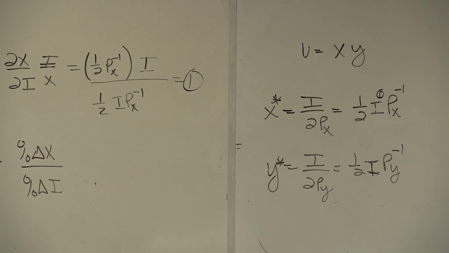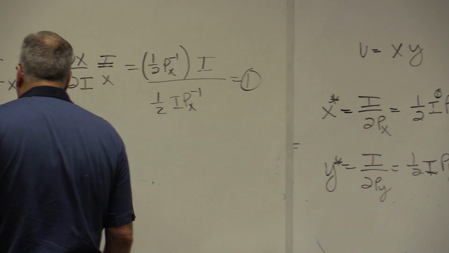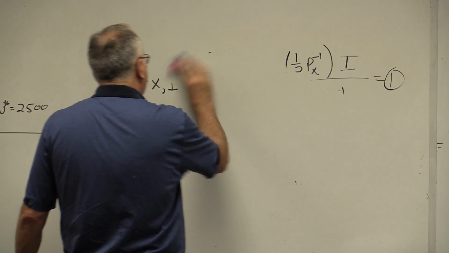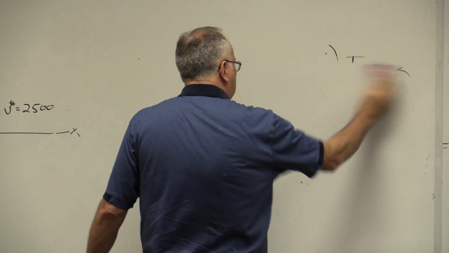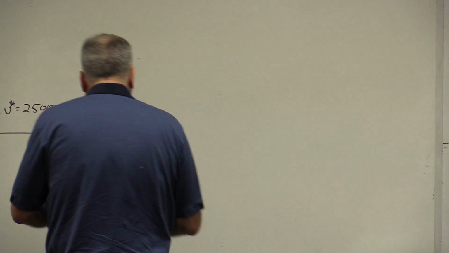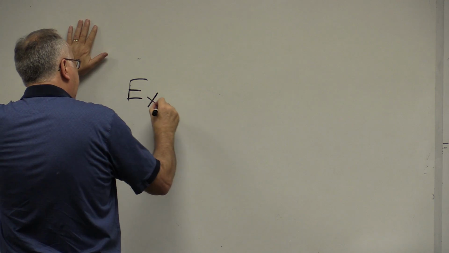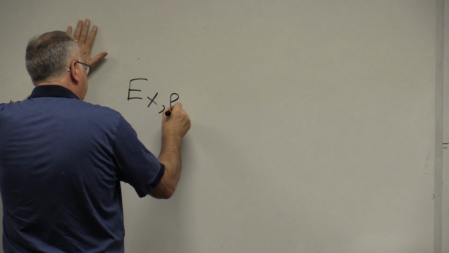So what is the price elasticity demand for good X? Let me be a little more precise. Let's call this the own price elasticity. What's the elasticity of X with respect to the price of good X?